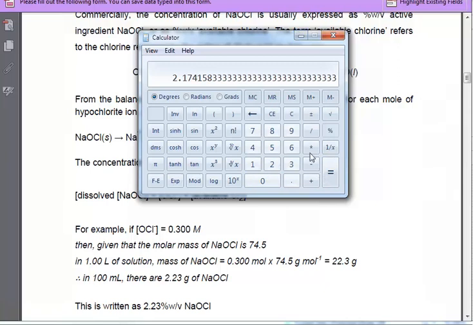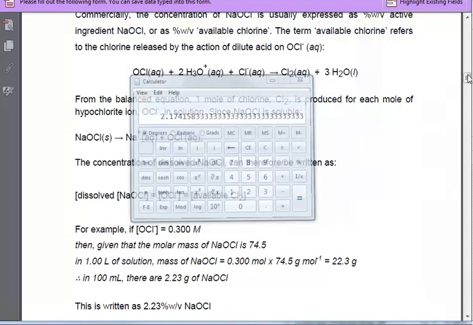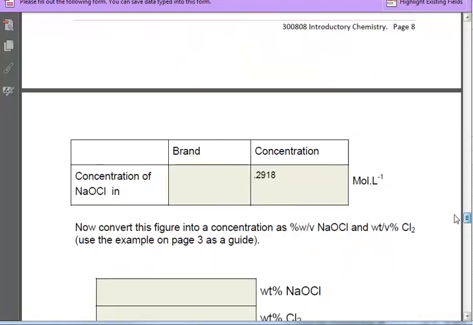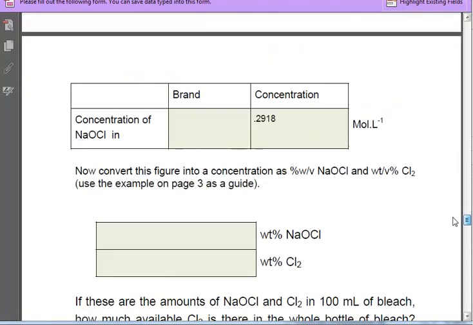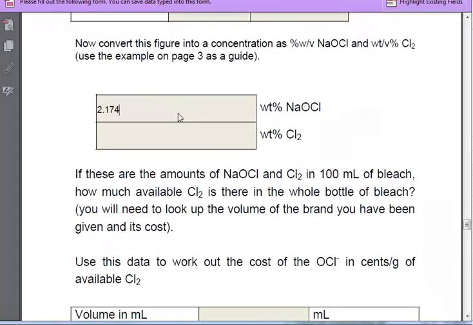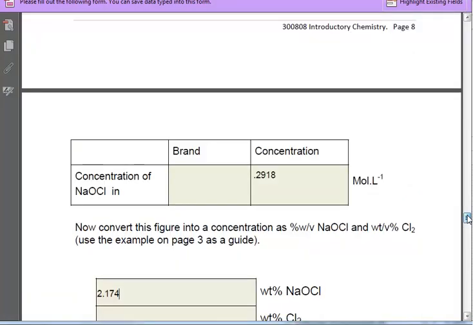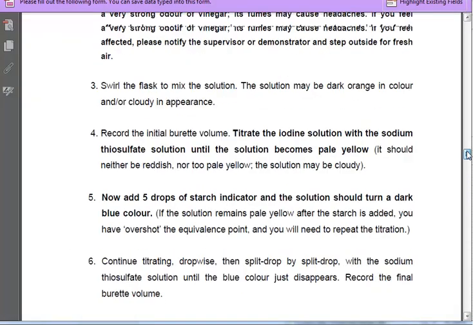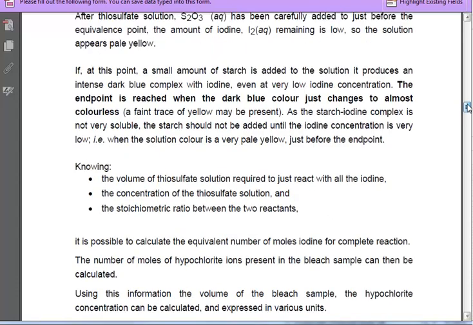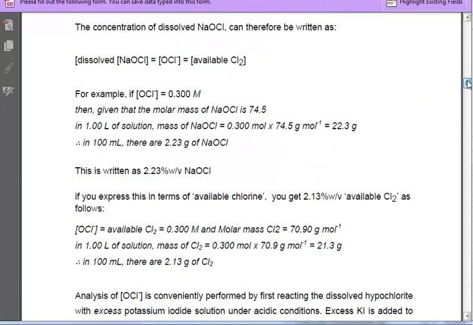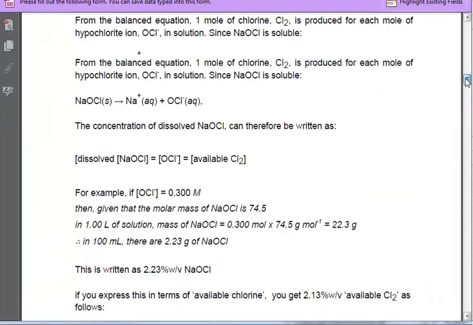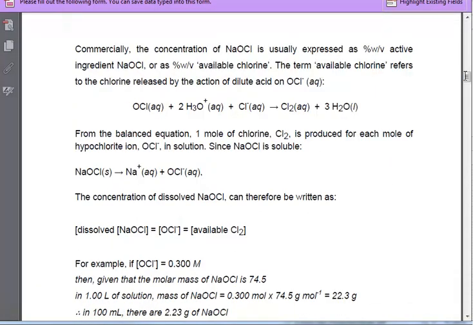So let's go down. Right, let's go back up to the available chlorine and we'll do the same calculation. 0.2918 is the concentration. In terms of available chlorine, the number of moles of hypochlorite equals the number of chlorine. Look at the equation at the top here.